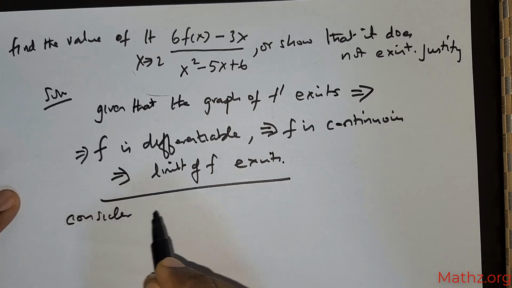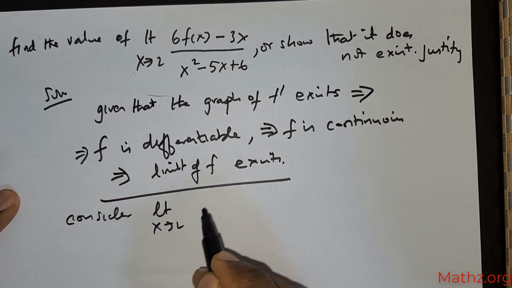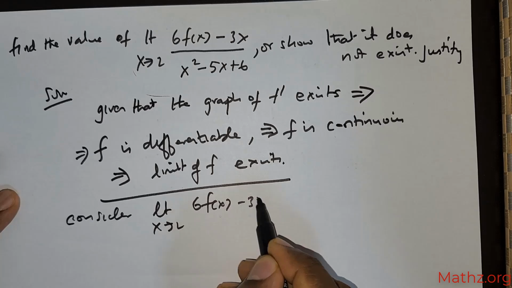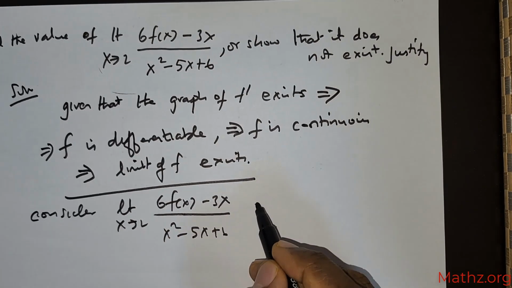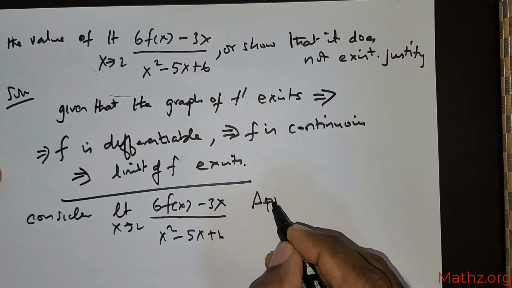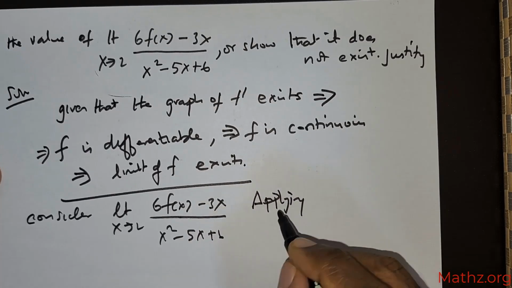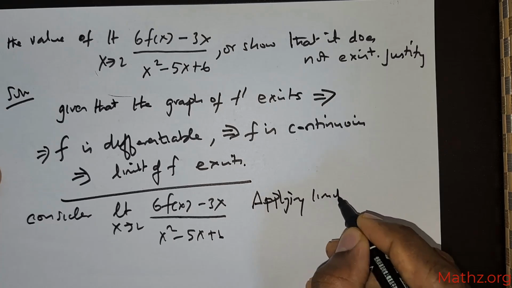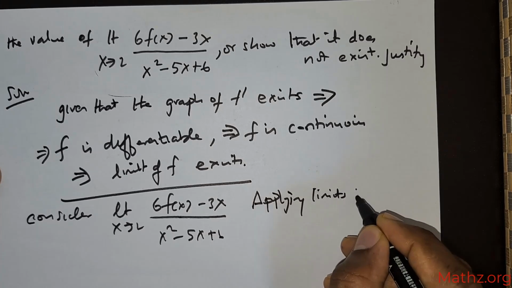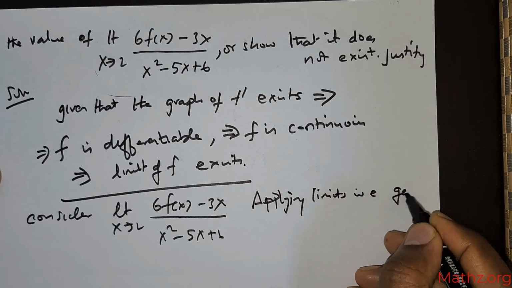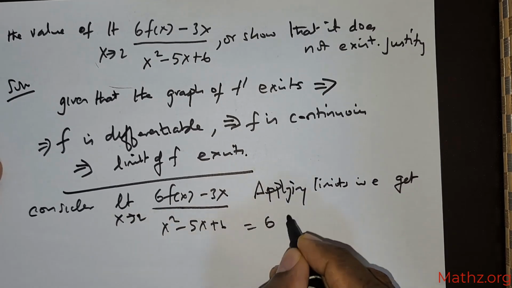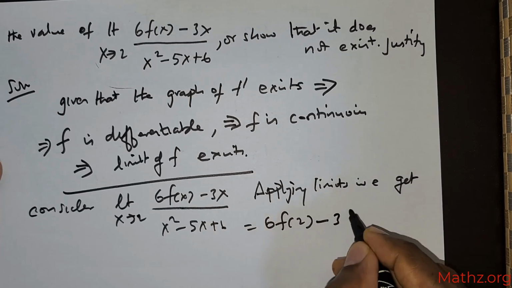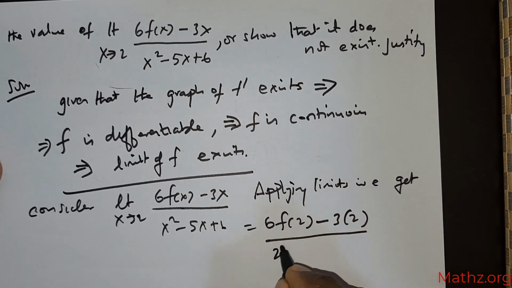So consider the limit as x tends to 2 of 6 times f of x negative 3 times x divided by x squared negative 5x positive 6. Now applying limits, x takes the value 2. So this is going to be 6 times f of 2 negative 3 times 2 divided by 2 squared negative 5 times 2 positive 6.